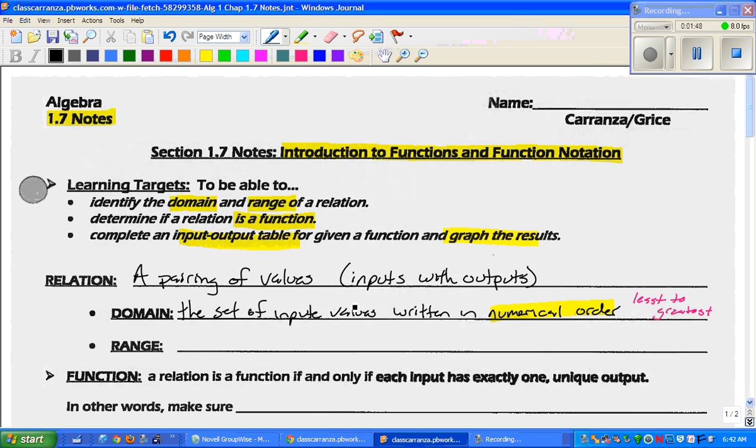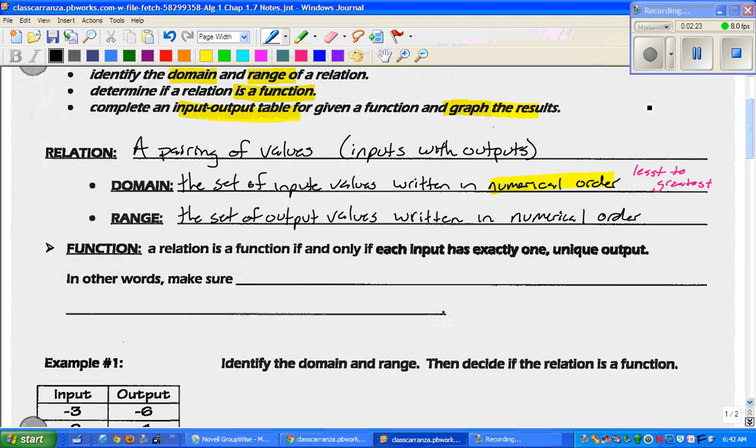Okay, and now range is the same thing, except instead of input, it's the set of output values written in numerical order. So a function is a relation. A relation is a function if and only if each input has exactly one output.